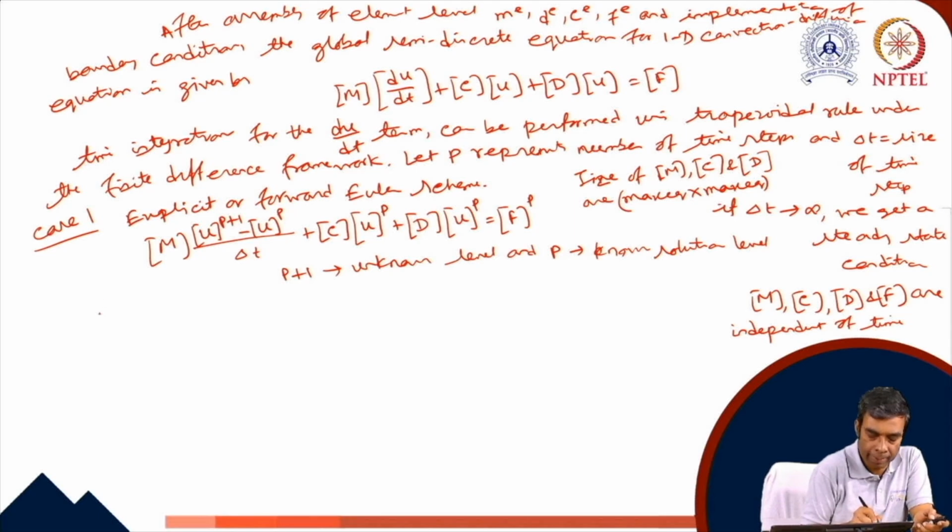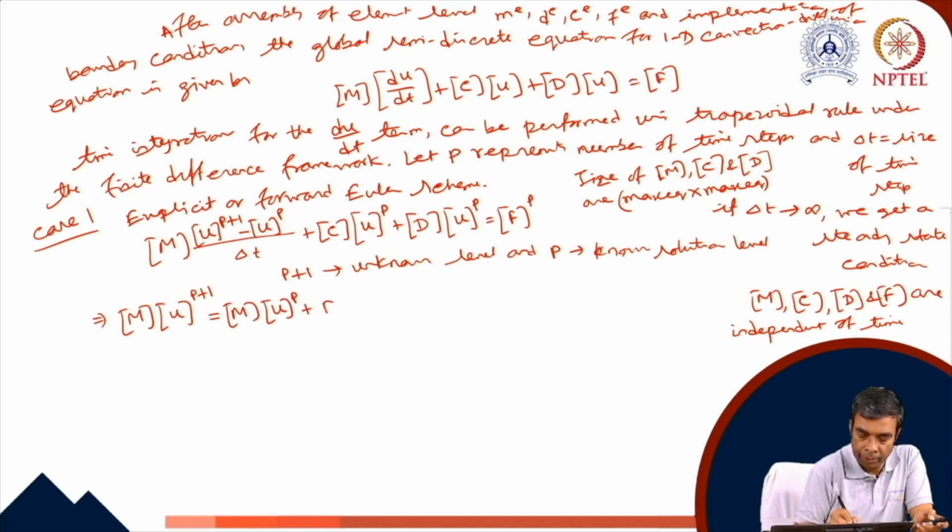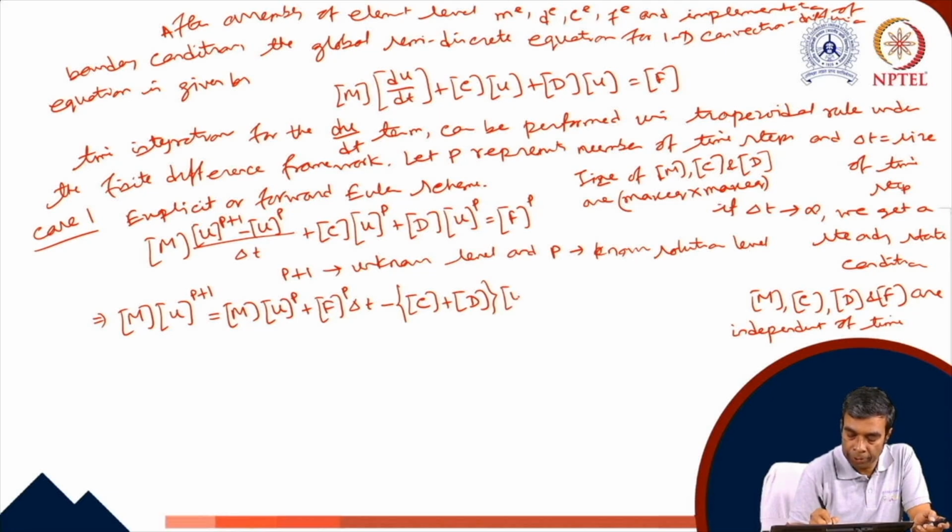So this expression we can simplify as the mass matrix into the unknown vector at the p plus 1 level equals the mass matrix with the known solutions at the pth level plus the load vector at the pth level multiplied with delta t, minus the convection matrix and the diffusion matrix added, with the known degree of freedom vector multiplied by the time step delta t.